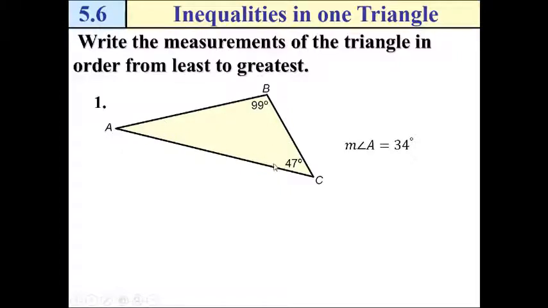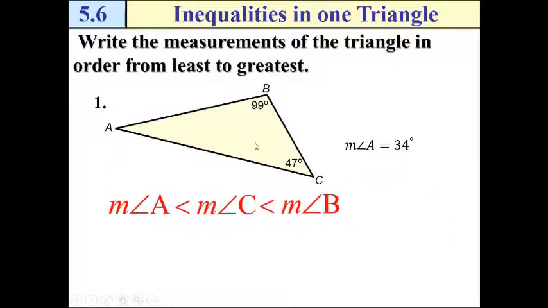According to the angles, we can put them in order from the least to the greatest. The least angle is angle A. After that, angle C, 47 degrees. The last one, angle B, 99 degrees. And we can put the sides in order according to the given angles.